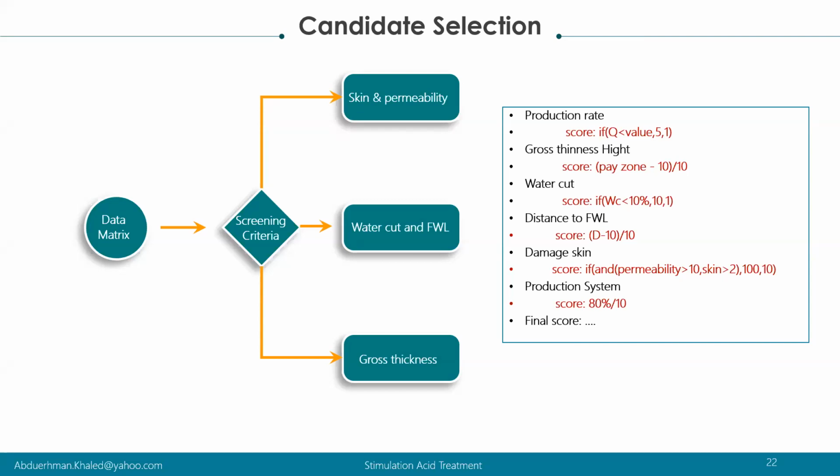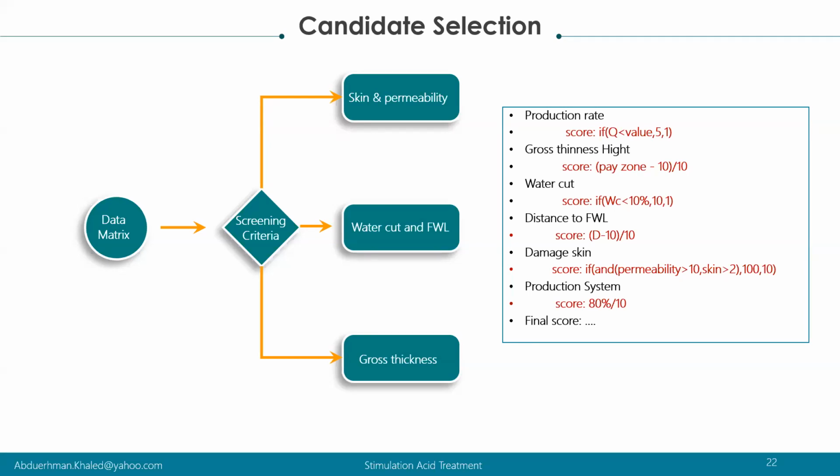But what really matters, if you have noticed in this table, is the damaged skin. The highest score will be given if the permeability is higher than 10 and the skin is more than 2. Here the score will be 100, and otherwise, if you don't have this, the general score or the total score will not be high.